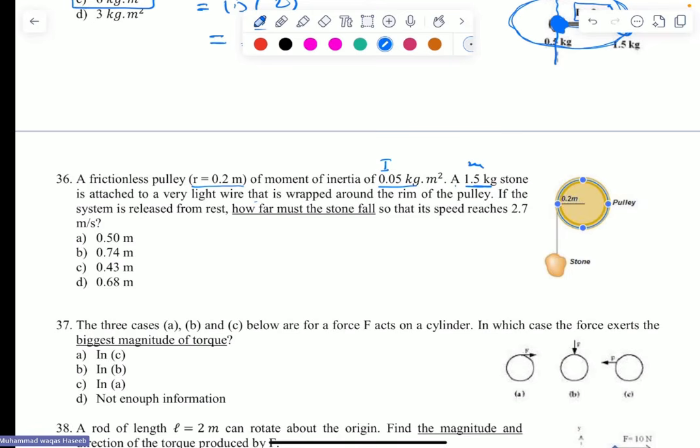If the pulley system is released from rest, which means its initial velocity is 0, and we only consider the final velocity, how far must the stone fall so the speed reaches 2.7 meters per second? So this is the final velocity.